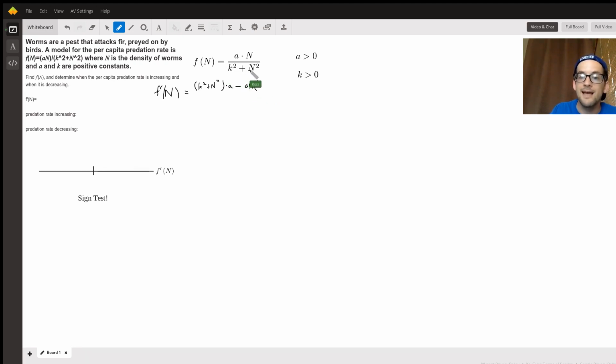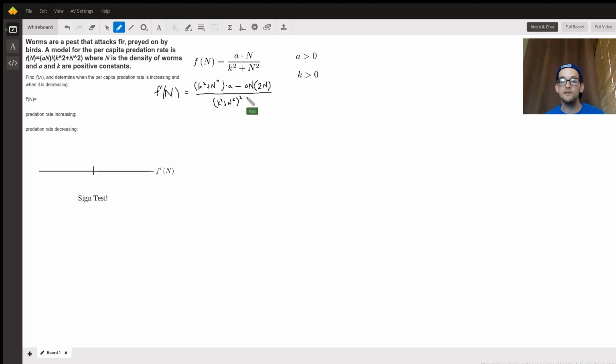And then plus n squared, n is a variable, so the derivative of n squared will be 2n. And that's not even the entire quotient rule, because now we need to put all of that over the denominator squared. So this entire thing, k squared plus n squared, and all of that gets squared.